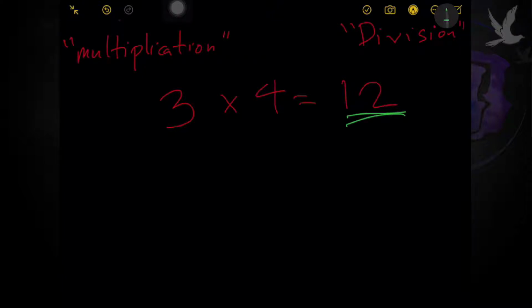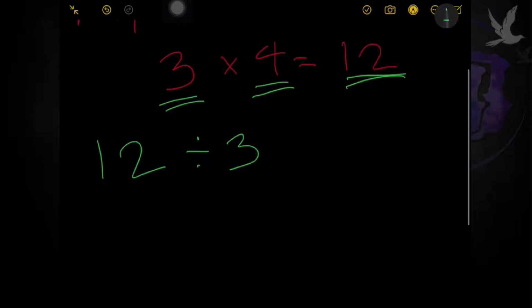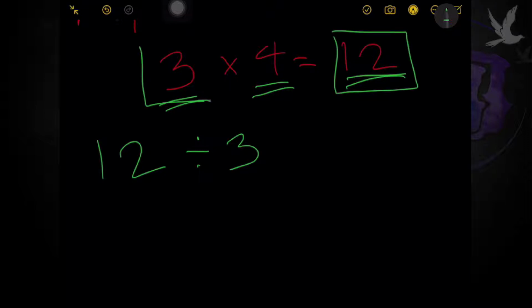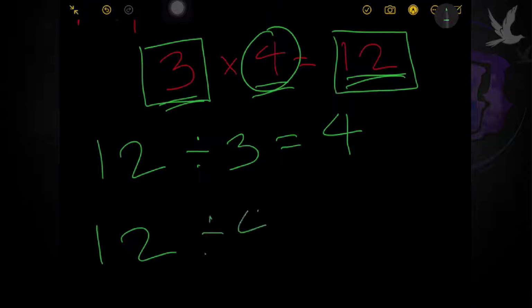So if it's in division form, it can be equivalent to making use of any of these values, 12 divided by 3. So if you notice, we used 12 and 3. 12 divided by 3 will give you 4. And if you're going to do it the other way around, 12 divided by 4.